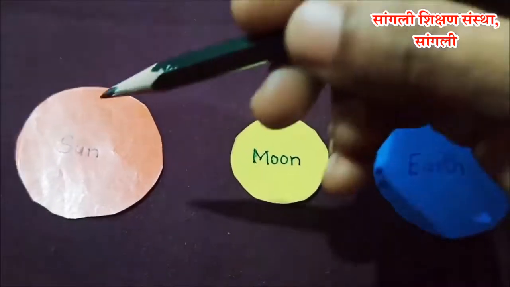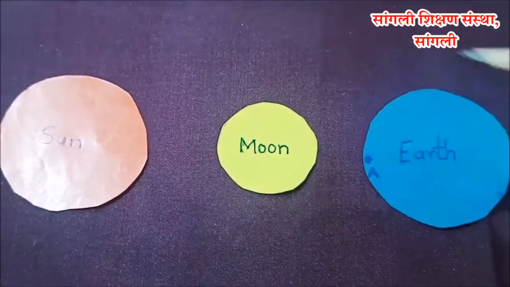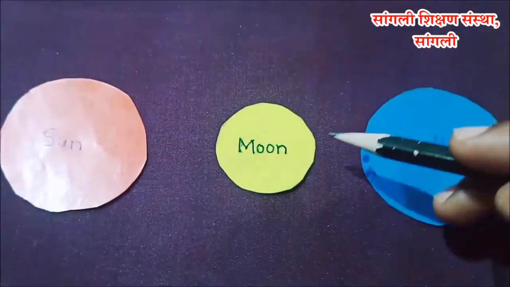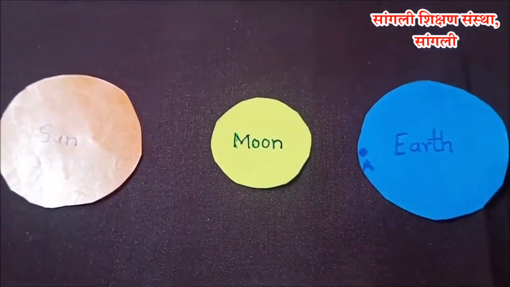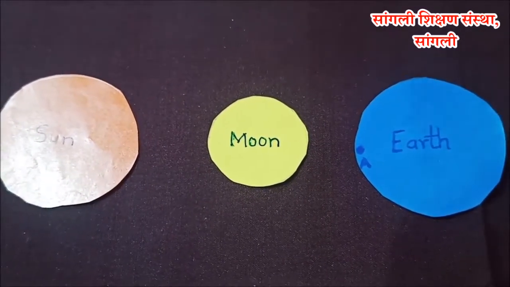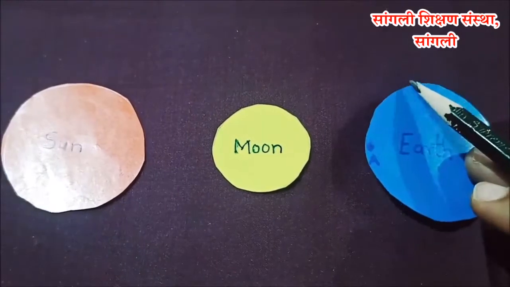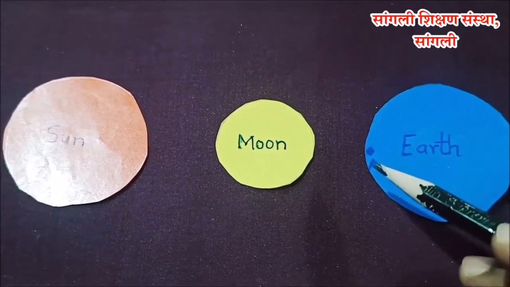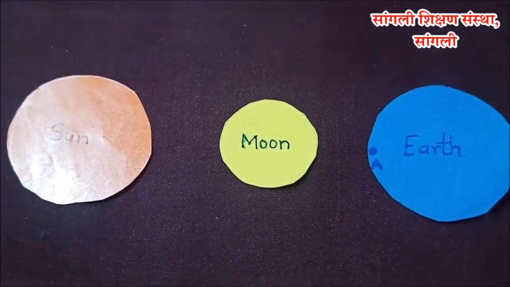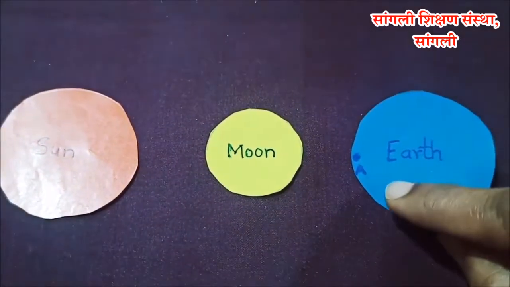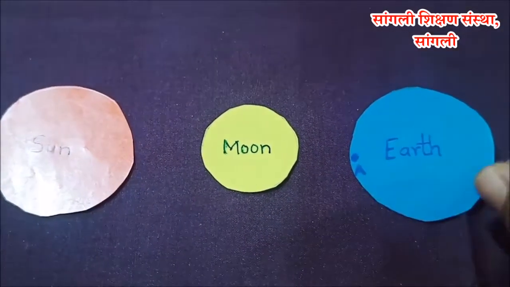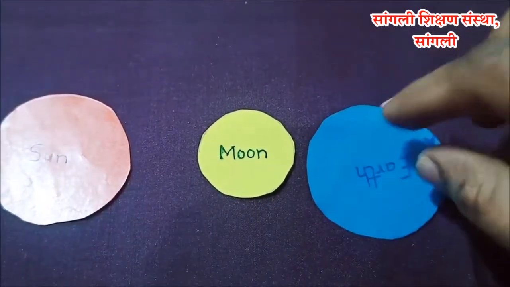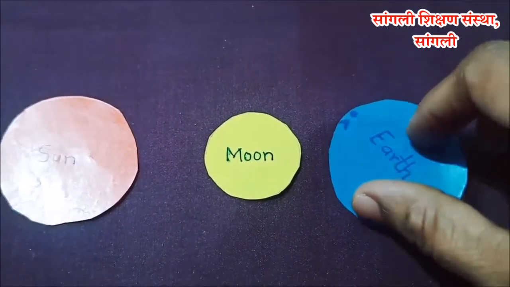Now you can see sun, moon and earth. This is the sun, the moon and the earth. Now suppose point A here on the earth is experiencing high tide because this point is opposite to the moon. This point A will take 24 hours to complete one rotation and come to its original place.